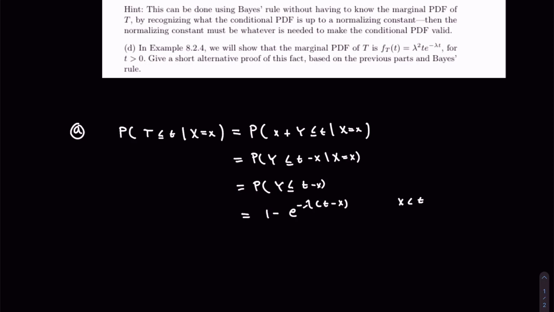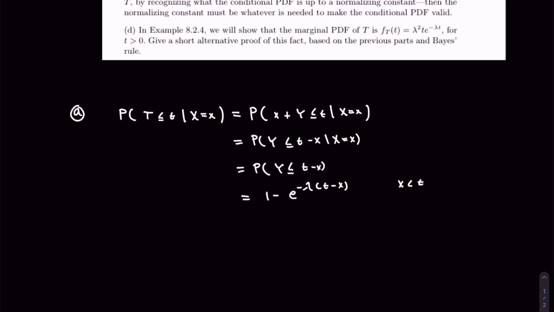Otherwise, this probability is 0, and we can recognize that by looking at this inner term in the parentheses, or seeing that the sum of x and y has to be less than t. So this condition basically has to always be larger than 0. So we can derive this condition in several ways. Okay.